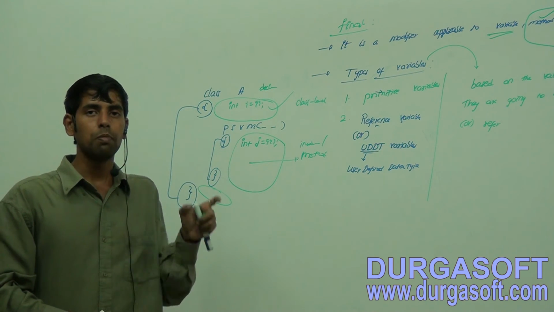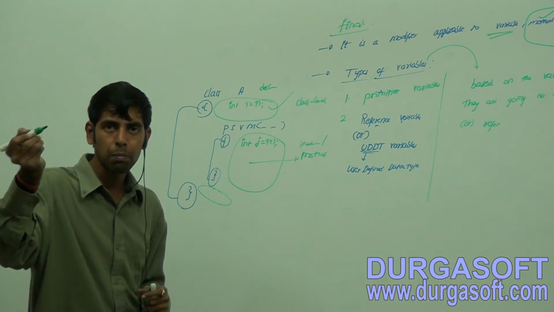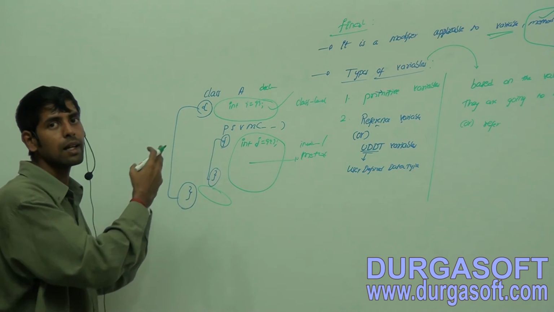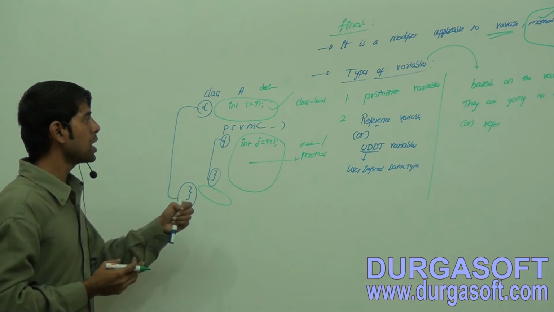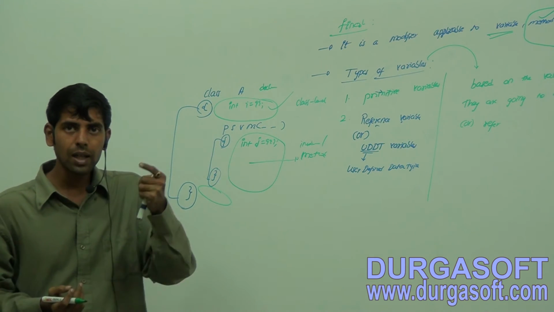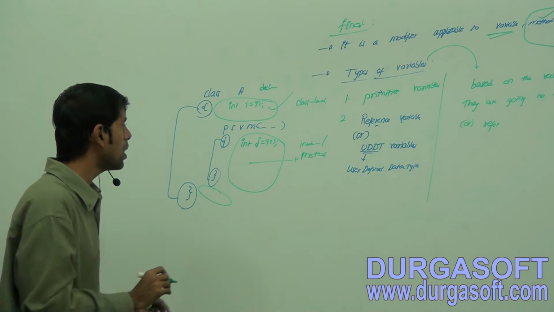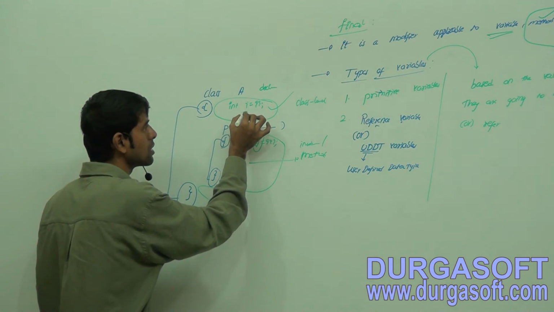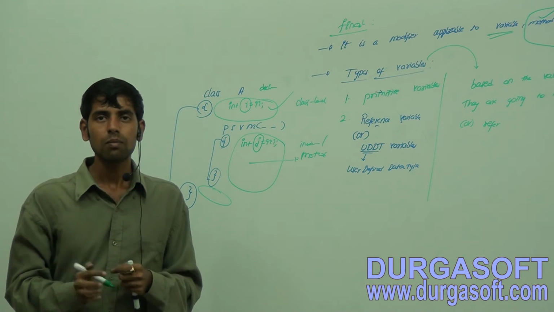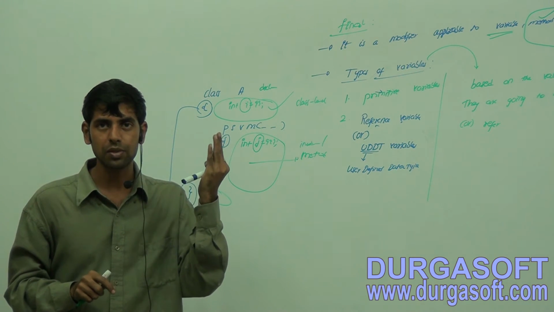So based on the position of declaration and purpose, for which requirement I am declaring these variables, this is also a variable, right?